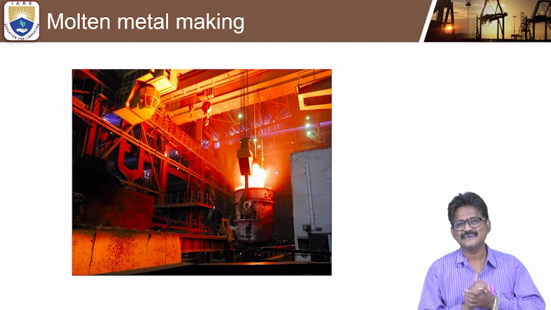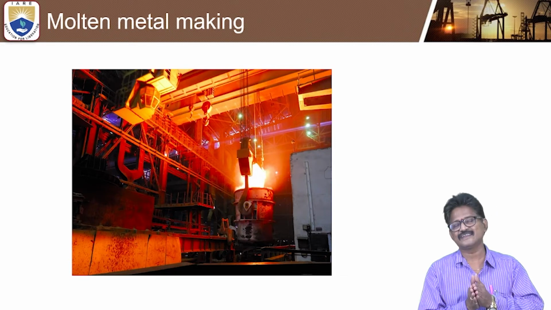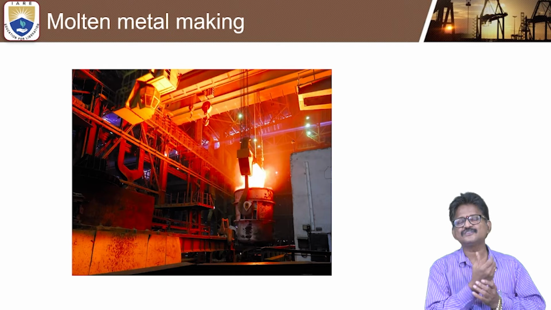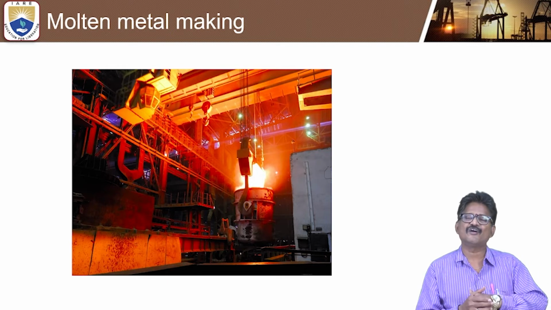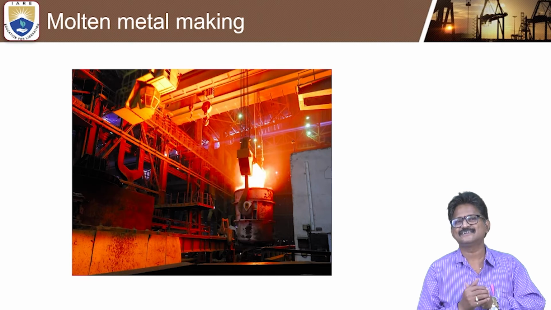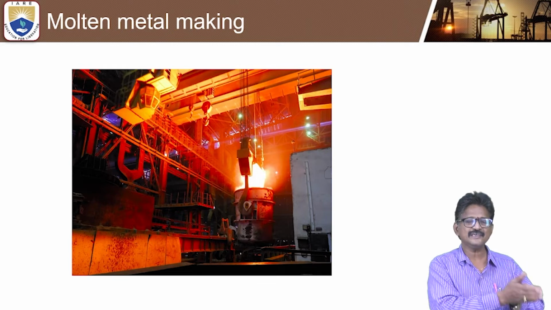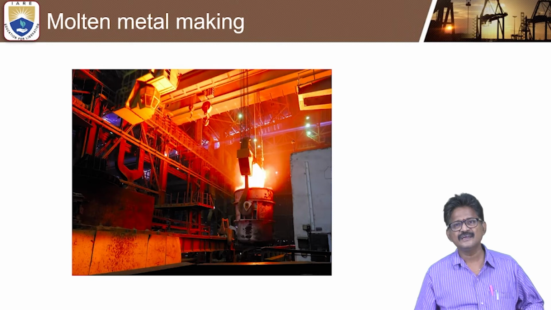You can see the preparation of the molten metal using a furnace. After getting that molten metal, they take it through cranes and automated storage and transportation methods, bringing the molten metal to the series of prepared mold cavities.